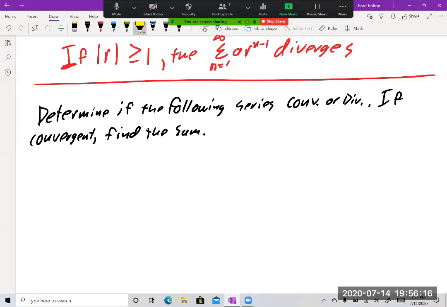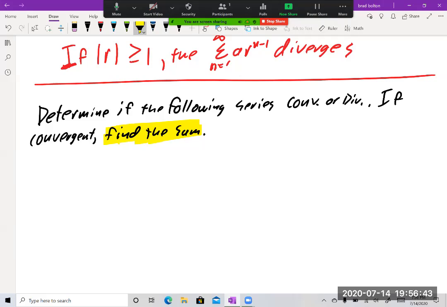Now, if they ever ask you to find the sum, not approximate the sum, but find the exact sum, that probably means you're dealing with a geometric series or a telescoping series for the most part. An alternating series and then a Taylor series, which can be pretty much everything, we can approximate those to pretty much whatever error you want, but it's still not technically the exact value.